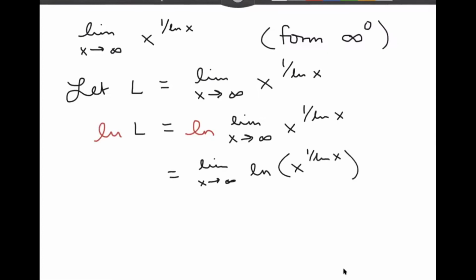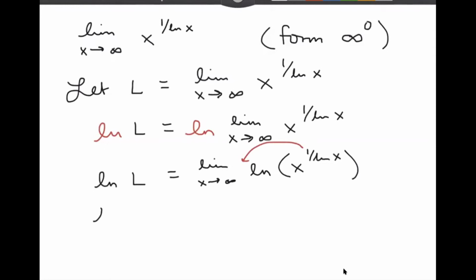Now that that natural log is next to the power, I can use my favorite property of logarithms and say, okay, and also, by the way, I really should write natural log L at every step, and you'll see why in just a second.